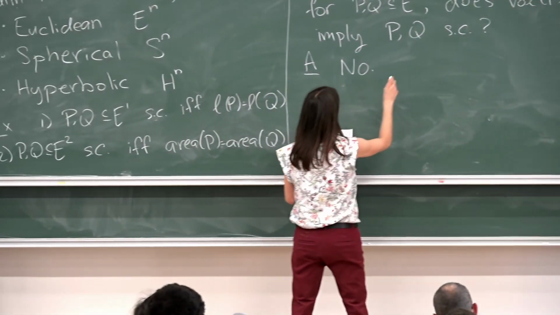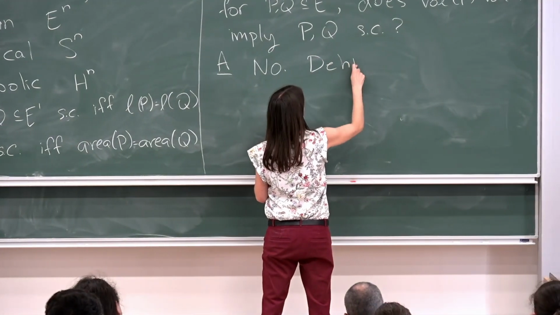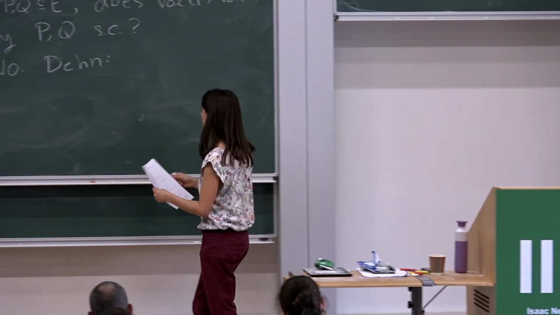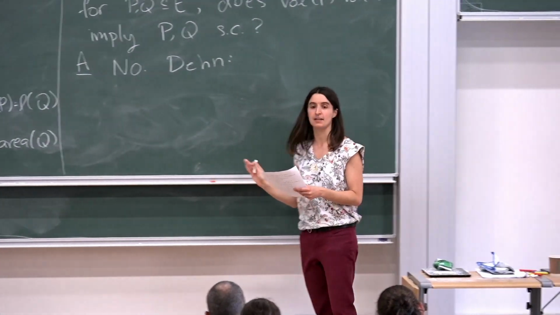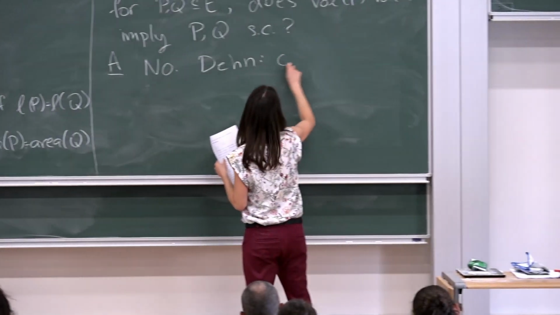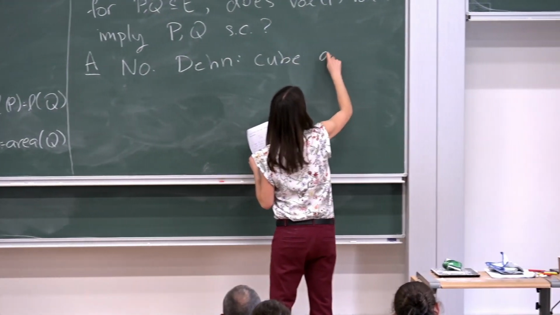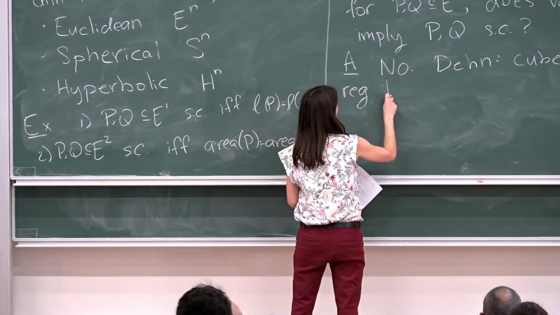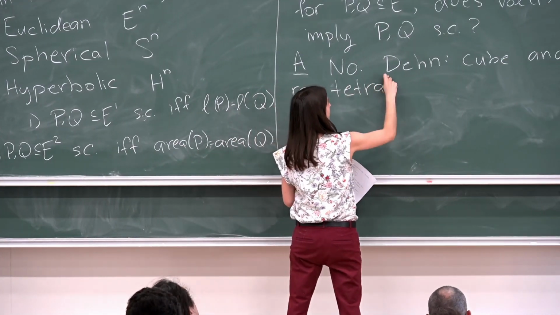Dehn came up with another invariant, and with that, he showed that the cube and a regular tetrahedron of the same volume are not scissors congruent.